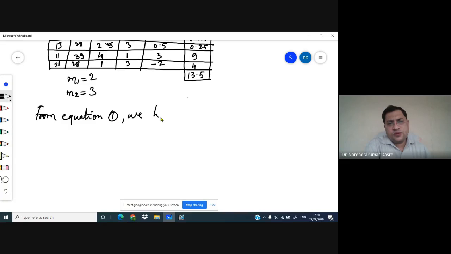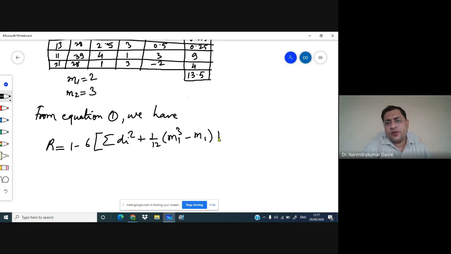I'll write the formula first: summation di square plus 1 by 12 times (M1 cube minus M1) plus 1 by 12 times (M2 cube minus M2). And this whole term is divided by n cube minus n.